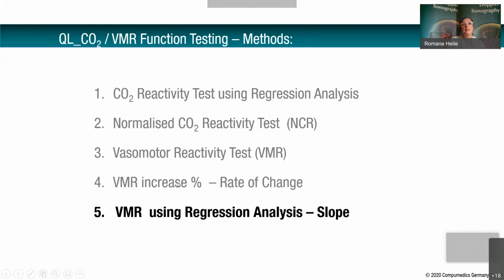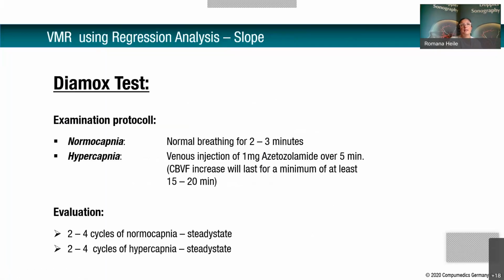So the same test as described here can be done, but instead of doing a simple rate of change, this can be done using regression analysis, which in the software we call slope. You do the same test procedure. You are looking for normal breathing and steady state of hypercapnia, and then you are using the slope.